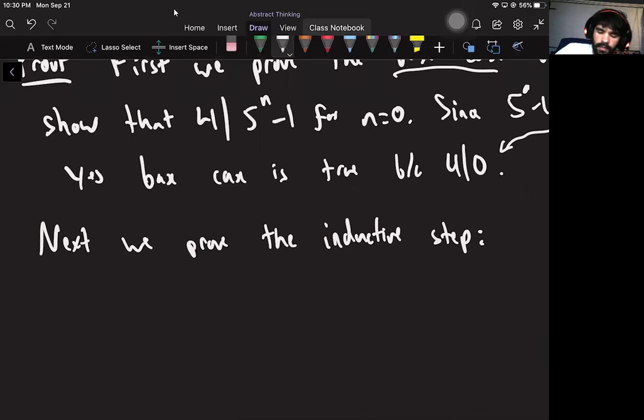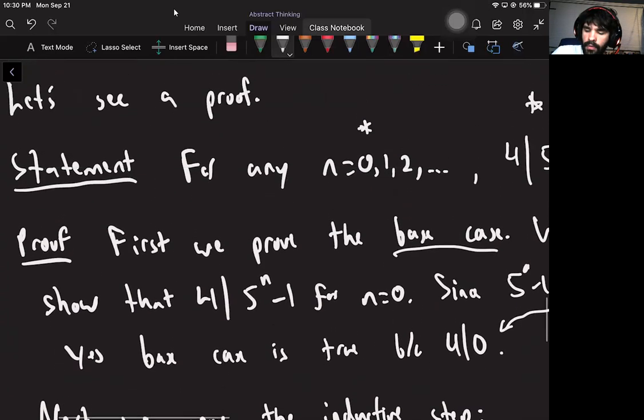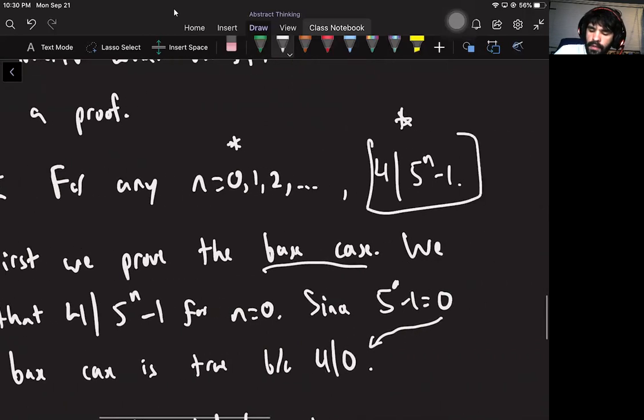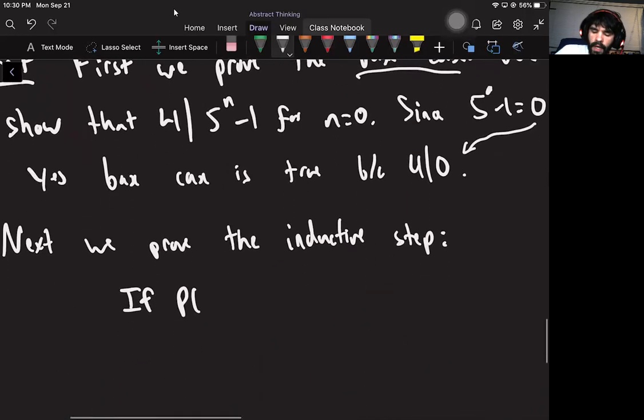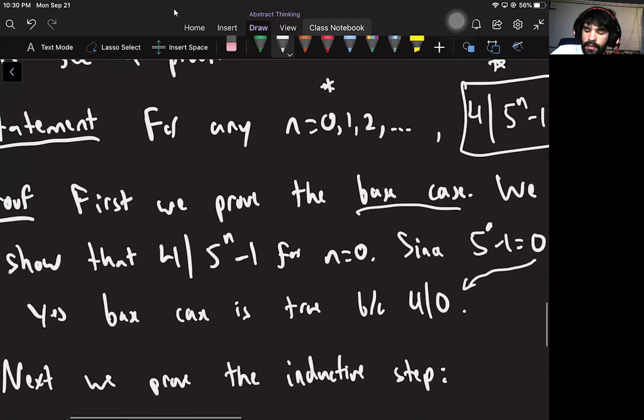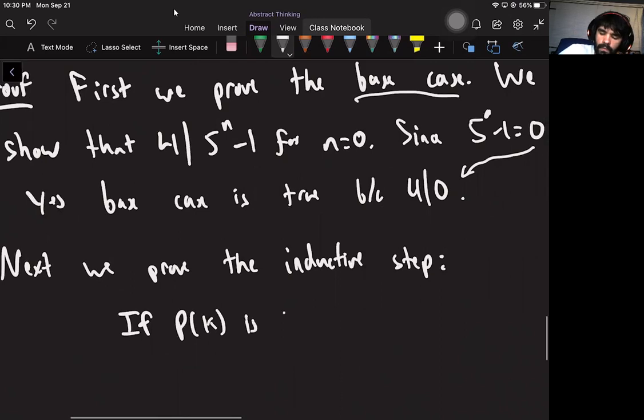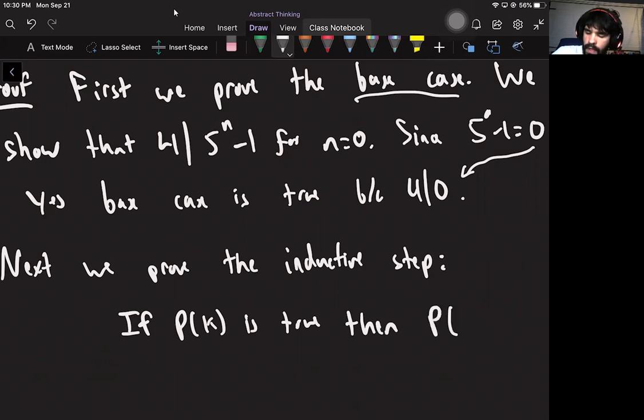The inductive step is: if P of n holds for some specific value, which I'm not going to be too specific about, so I'm not going to say 3, because I want it to be general, but if this specific k makes the statement true, then I want to show that as a result of that one being true, the next one is also true.